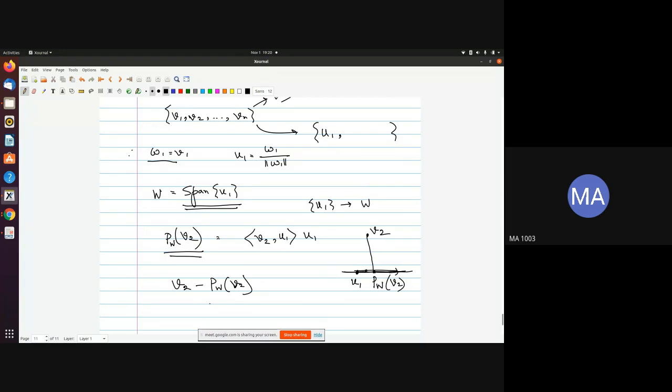So this is my new vector W2, the orthogonal part.